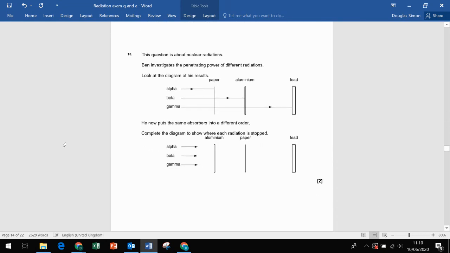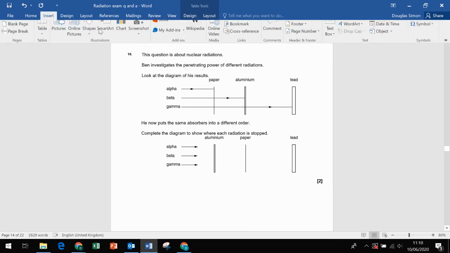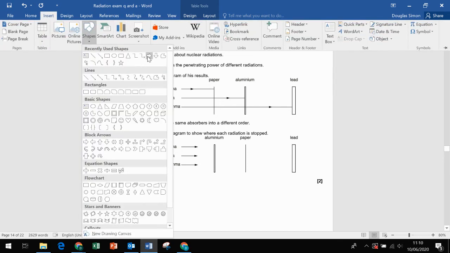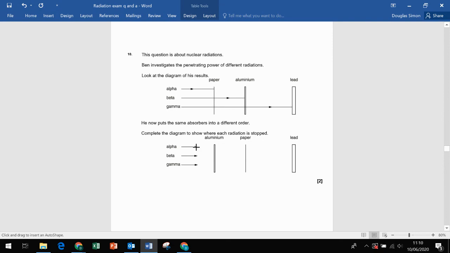Question 10. This question is about nuclear radiations. Ben investigates the penetrating power of different radiations. Look at the diagram of results. He now puts the same absorbers in different order. Complete the diagram to show where each radiation is stopped. So let's get an arrow. So alpha is stopped by paper. If it's stopped by paper, it's definitely stopped by aluminium.